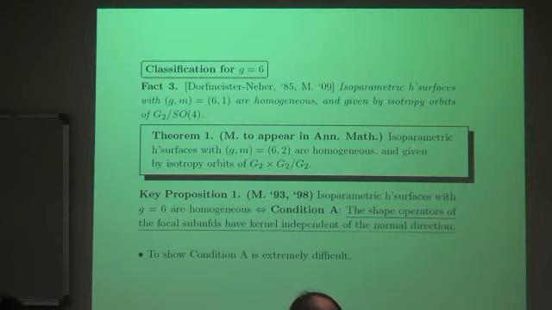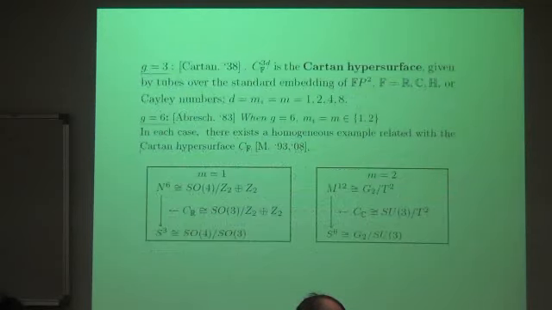And so I got the result that the isoparametric hypersurfaces with 6 principal curvatures with multiplicity 2 must be homogeneous. This is given by the G2 orbit, like this.